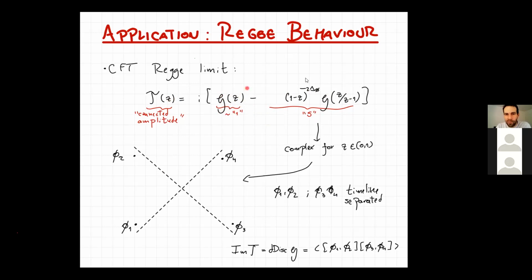Anyway, I'm just defining this in this way. So why does it make sense to call this an S? You can see that when z is between 0 and 1, this correlator corresponds to a configuration of external operators that look like this. In particular, phi 1 and phi 2 are time-like separated, and so are phi 3 and phi 4, but all others are space-like separated: 2 and 3, 1 and 4, and 1 and 3 are all space-like separated. So it's like a scattering configuration.